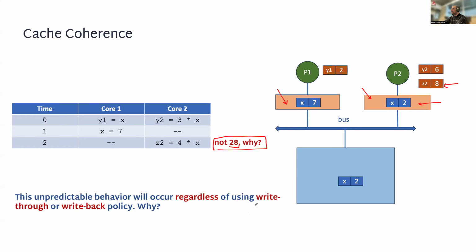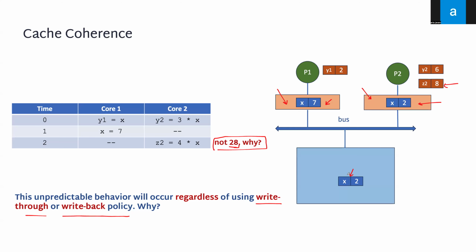So now another question. What if I use a write-through or write-back cache policy? Can I remove this cache coherence problem using write-through? In the write-through policy, we update the cache and the memory at the same time, right? So does it solve this cache coherence problem or not?